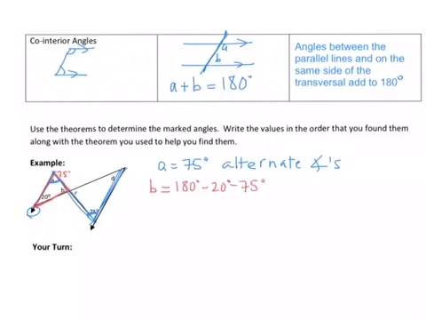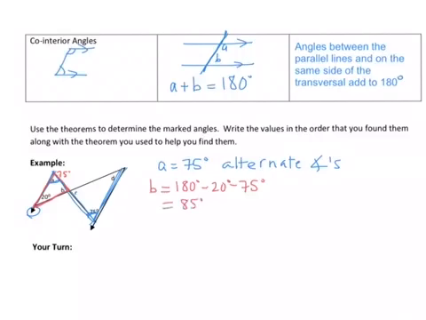So I've got to do some mental math here, or you can use your calculator. 180 take off 75 would be 105. If I have 105 and I take off 20, well, take off 5 would take us to 100, but now I need another 15. 100 take off 15 would be 85. So that's going to equal 85 degrees there.